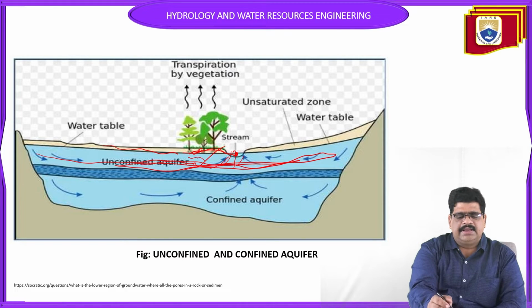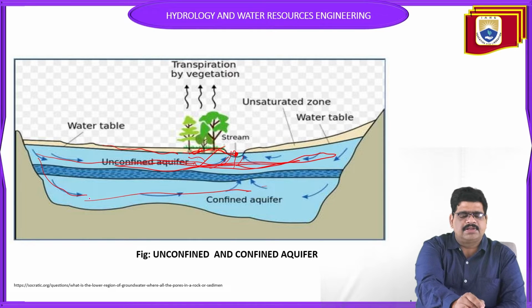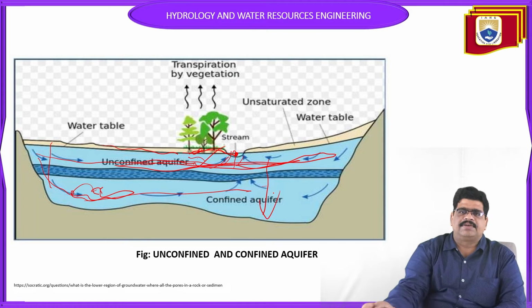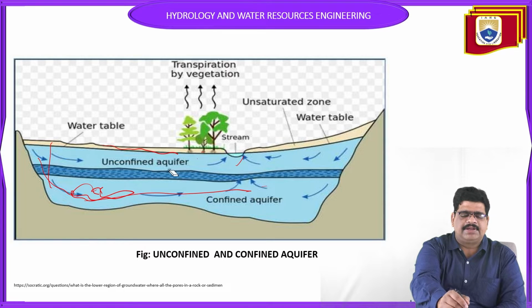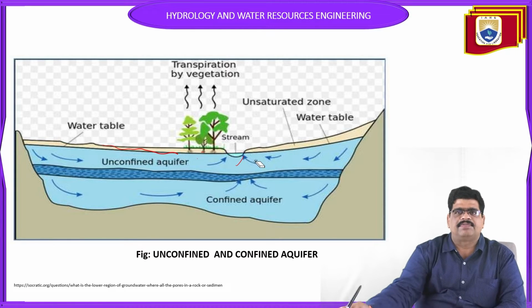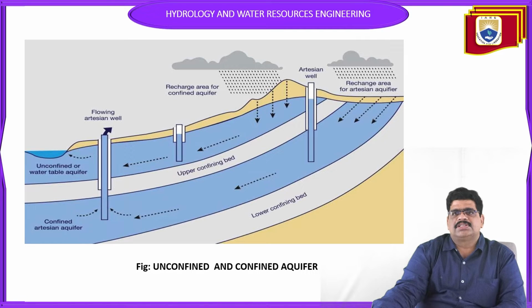The unconfined aquifer is also mixed with air and soil water. The next one is the confined aquifer. At the bottom we see the confined aquifer, where the water is available in the bottom, through the unconfined to the confined aquifer. So the availability of water in the confined aquifer can be known from the unconfined aquifer. This table is for better understanding of confined and unconfined aquifers.